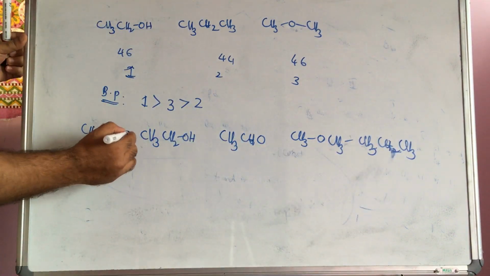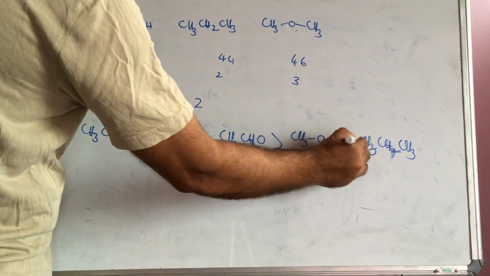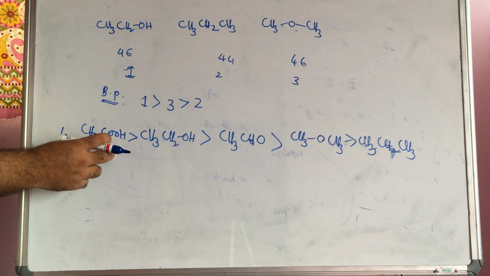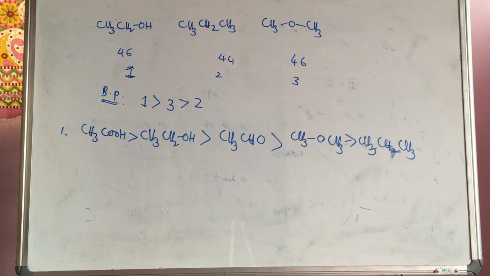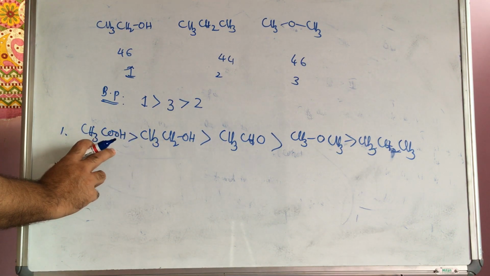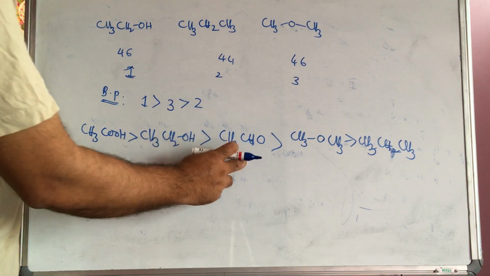This is the direct boiling point order, because the carboxylic acid forms a dimeric form with two hydrogen bonds, so its hydrogen bonding is stronger than the others, so its boiling point is higher.